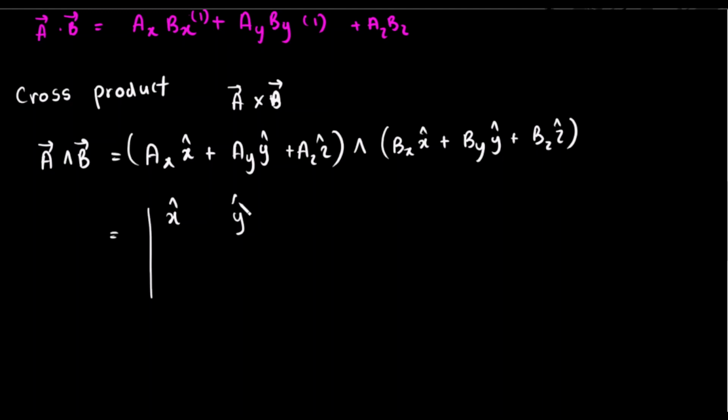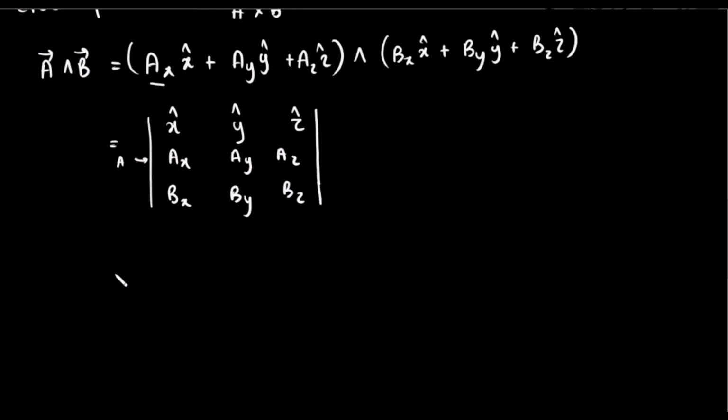We have x hat, y hat and z hat in the top row of this matrix, and then the coefficients of x hat, y hat and z hat for the a vector: ax, ay and az. In the bottom row of this matrix, we write the coefficients of x hat, y hat and z hat of the b vector, that is bx, by and bz.